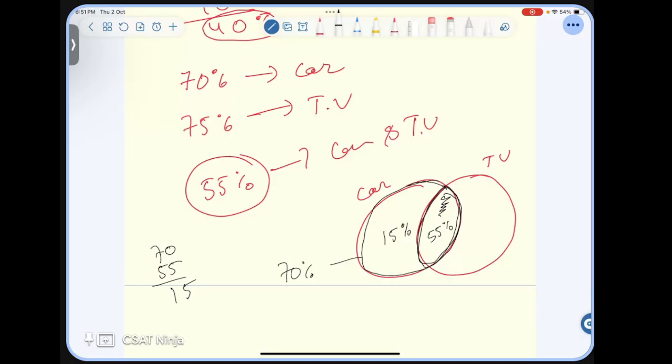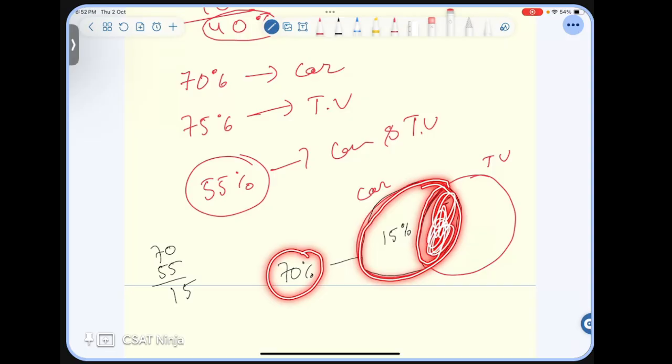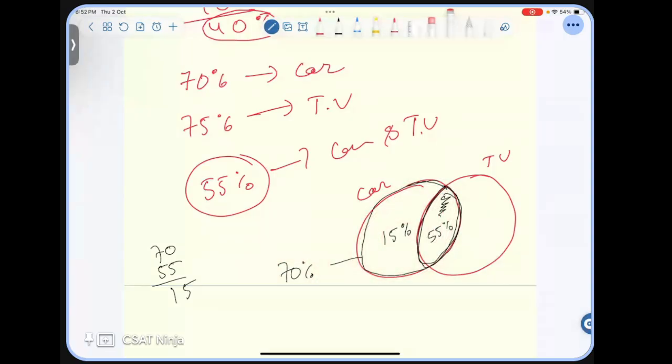Are you following this? The whole area is given as 70%, but just this area is 55%, so the remaining area is 15%. Same thing for DVD.